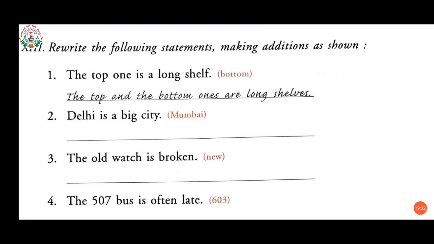Now the last question, see student, what it is given. Rewrite the following statements, making additions as shown. So first one, you can see the sentence is given, the top one is a long shelf, and in bracket bottom is given.